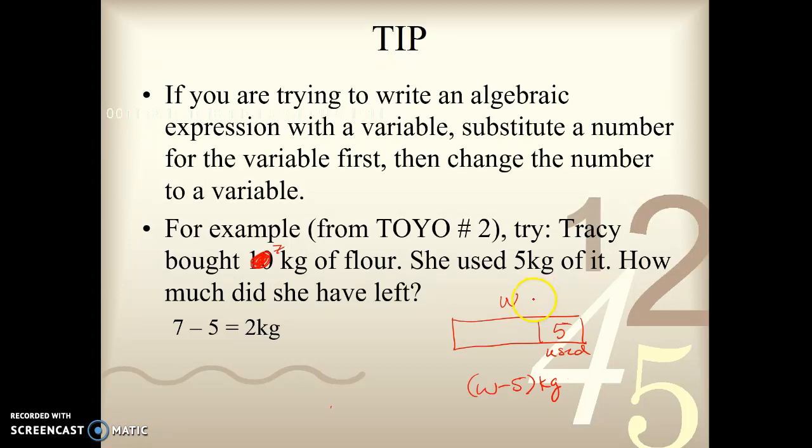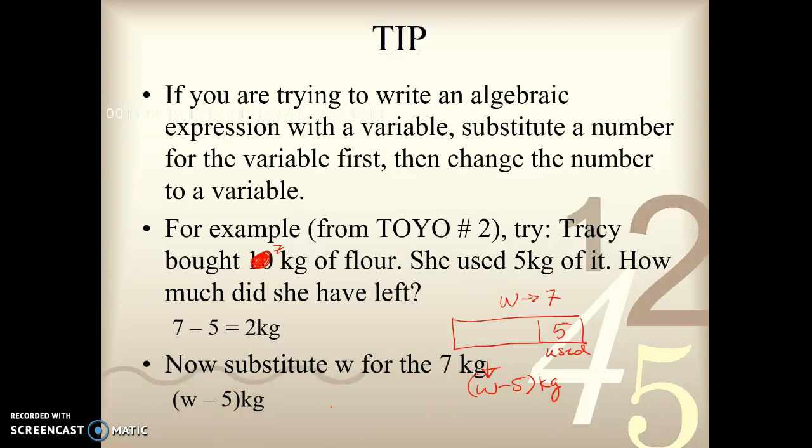So if you use just some random number and substitute it in there for your variable, it can be a little bit easier to see if you have your expression set up the right way. So here I've substituted in 7. So 7 minus 5 equals 2 kilograms. So obviously if W equaled 7, she would have 2 kilograms left. Well, we don't actually know what W equals, but that was just our hypothetical situation. So now we can substitute W for the 7 kilograms, and we can see that it does work. She had less left than she started with, so our expression looked like it worked, and we'll substitute back in the W.